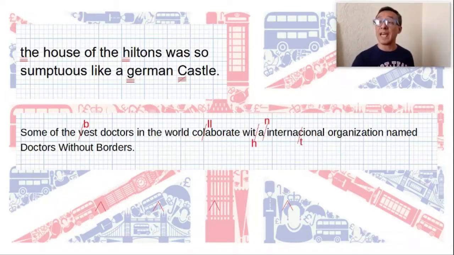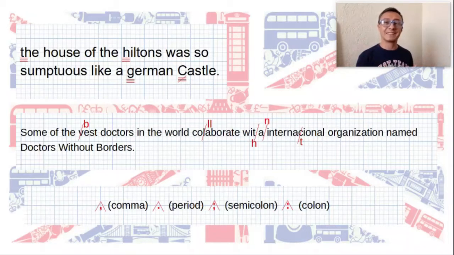Observe that for adding, we trace the line in the space between letters, but we cross the letter to be replaced. If the text needs any punctuation mark, such as a comma, period, semicolon, or colon, we trace a peak with the punctuation mark inside, like this.